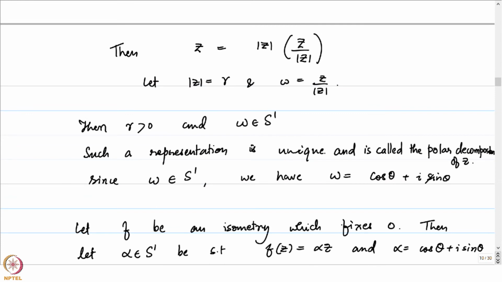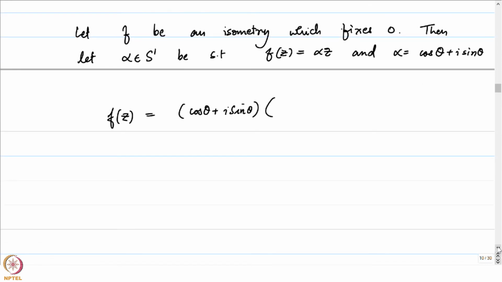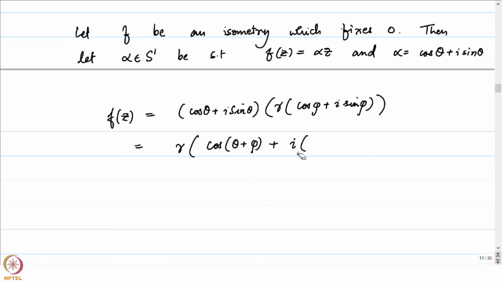So we will look at the polar decomposition of our given element z as r times, let us say, cos phi plus i times sin phi, the variable phi. And these are all multiplication by complex numbers, and you should check that by using the basic trigonometric rules. This is cos of theta plus phi. You have to use the multiplication in the complex plane very crucially, and this will be sine of theta plus phi.